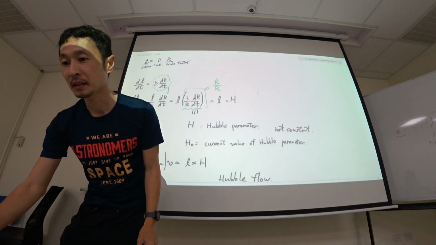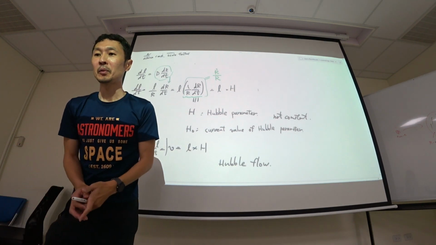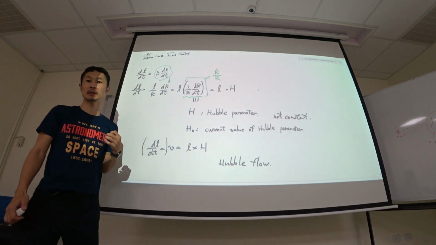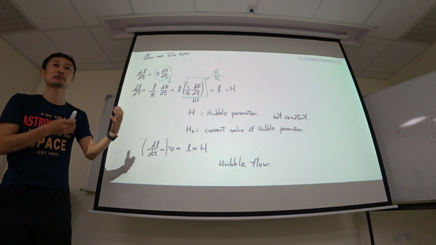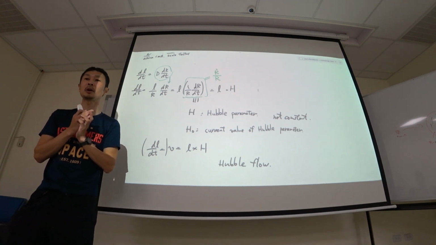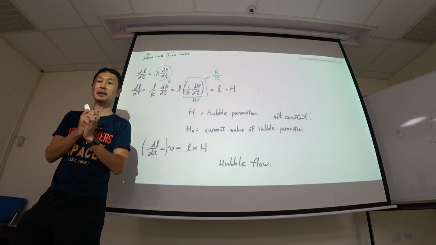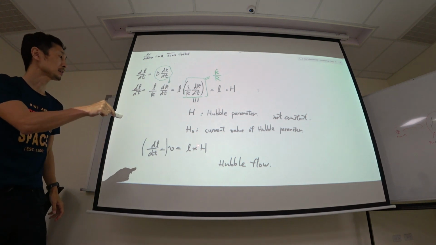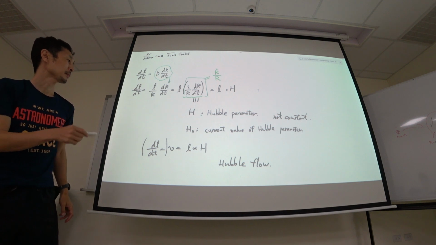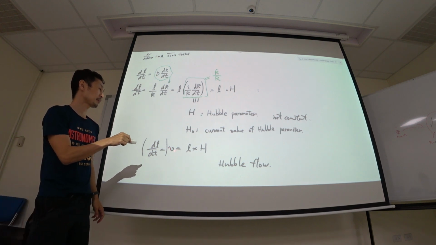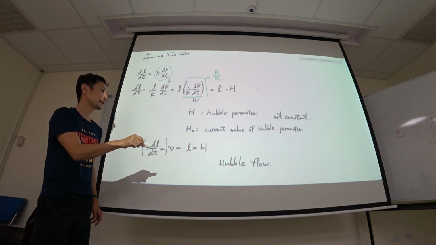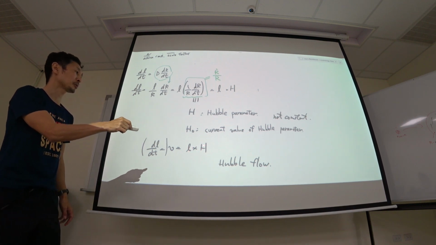Now, when the time is very small, in a very nearby universe, when distance is very small, we can regard this part as a constant. And then velocity v equals L times h, and this is called the Hubble constant.